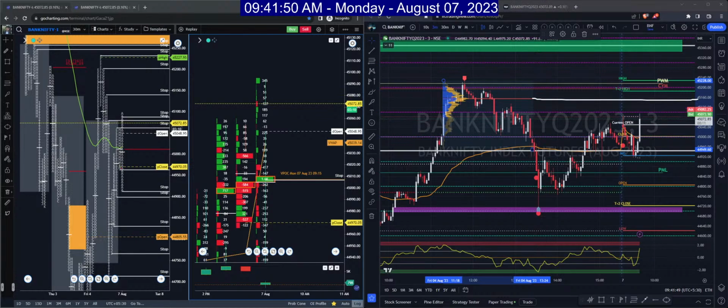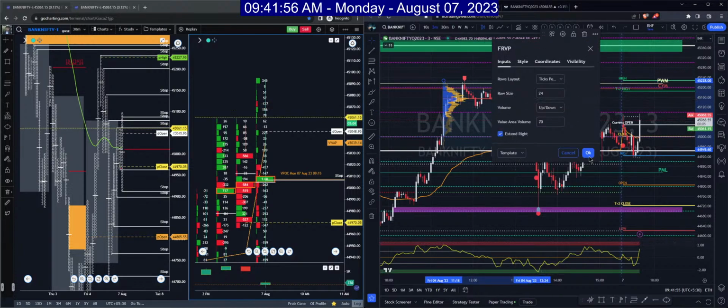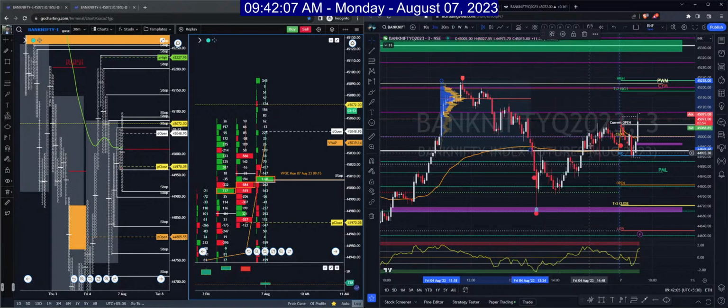So let's see. Let me do this. Let me extend right this way. Oh, not extend right. How do I extend the POC? That's fine.